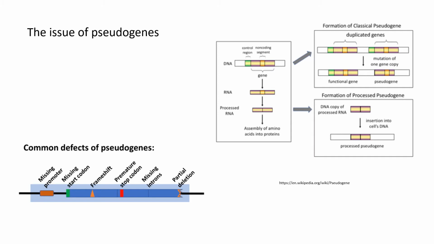Okay, so we've now talked about two types of non-coding DNA and non-coding RNA, the lncRNAs and the RNAs that are in introns that participate in this amazing phenomenon of alternative splicing.